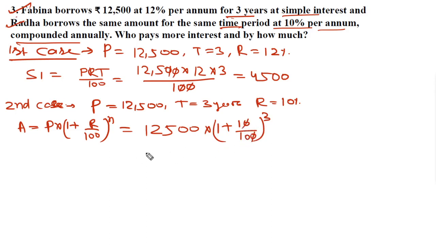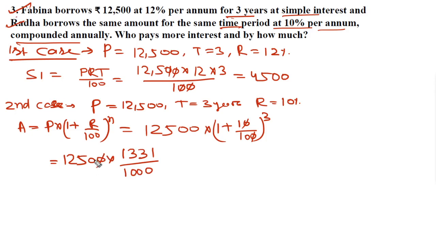Now you can cancel here 0. Then it will be equal to 12500 into, here it will be 11 by 10, to the power 3. So you can find the cube of 11. 11 cube will be equal to 1331 divided by 1000.